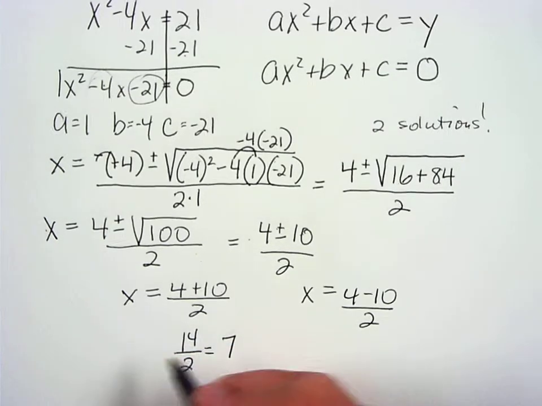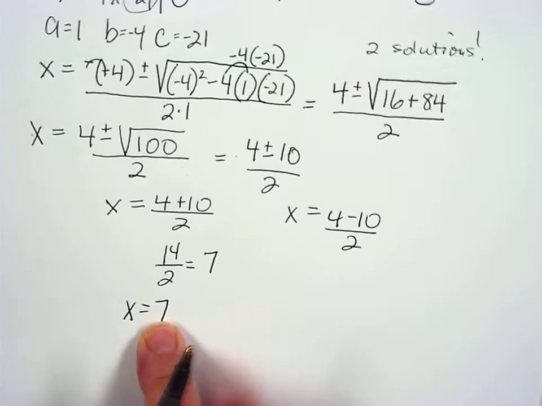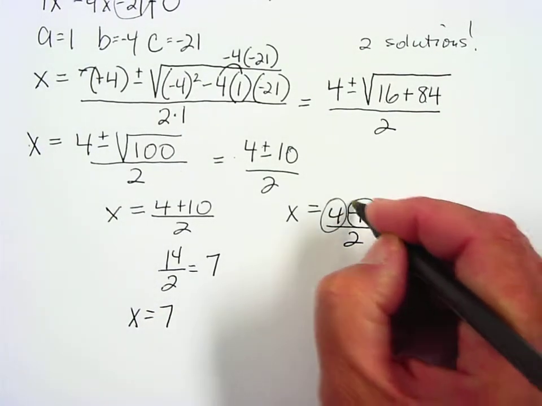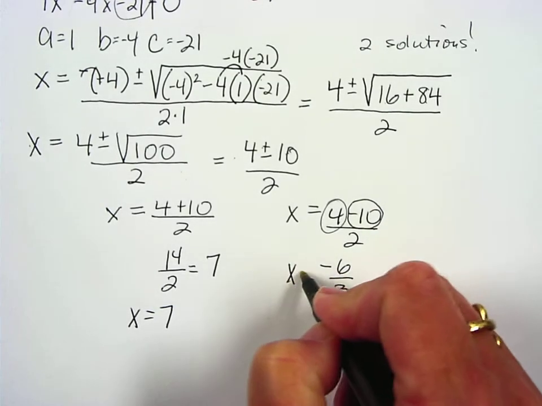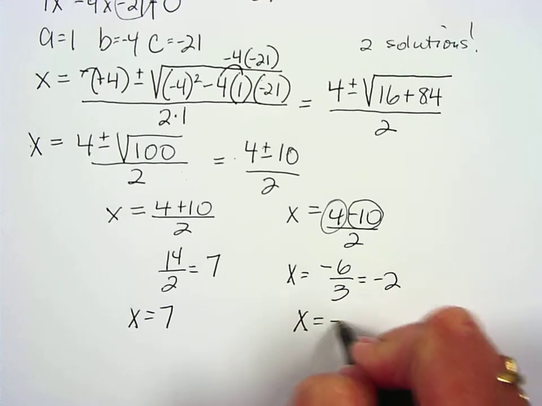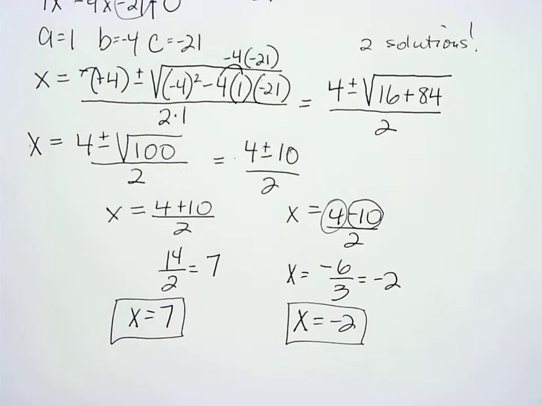So x equals 7. There's one of my solutions, x-intercepts. And over here, 4 minus 10, be careful here, you have more negatives. That's negative 6 over 2. And negative 6 over 2 is negative 3. So these are your two roots, your two solutions.